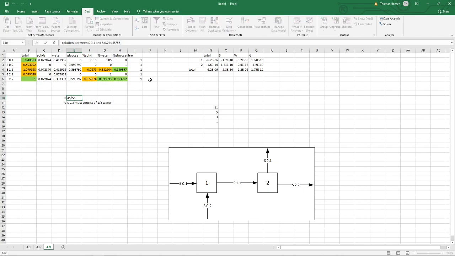Sometimes I would even add after that to say this means M01 is equal to 45/55 times M02. So I actually can see what it is I'm doing, what equations I want to write.